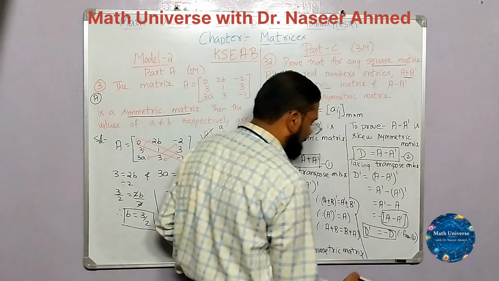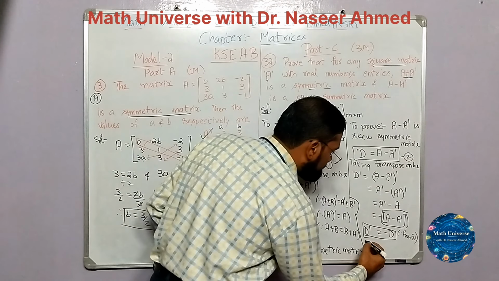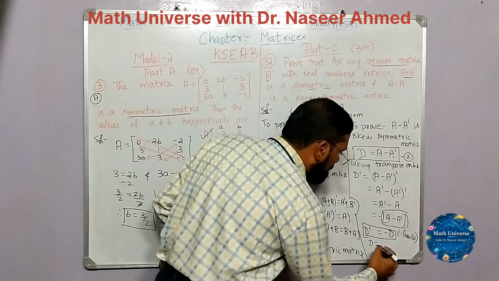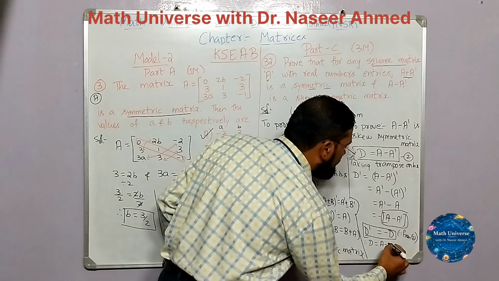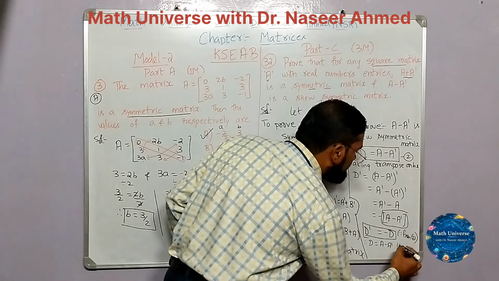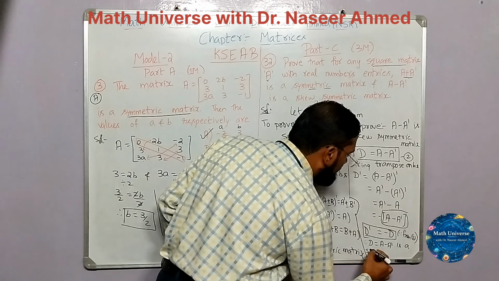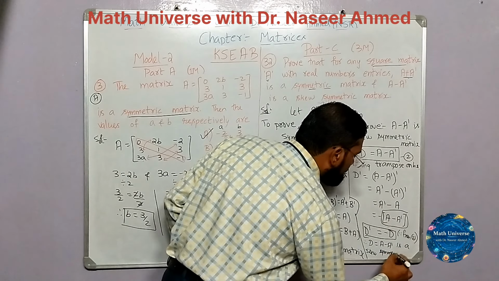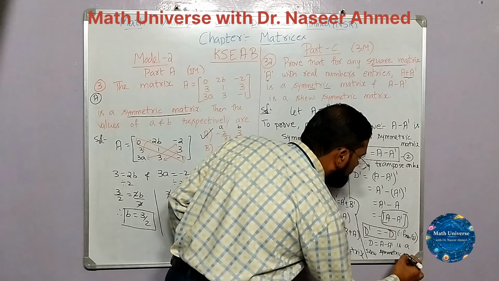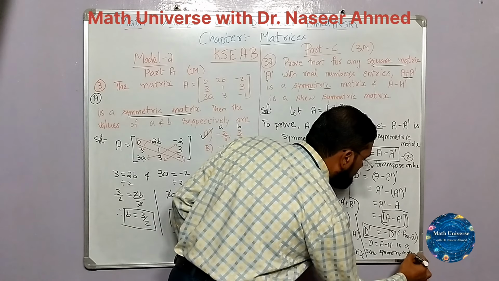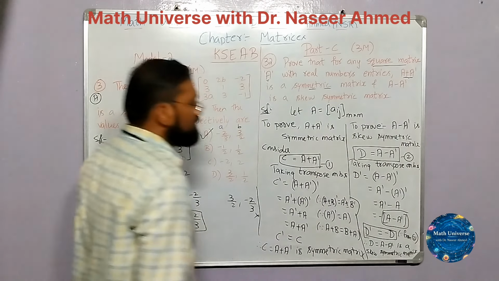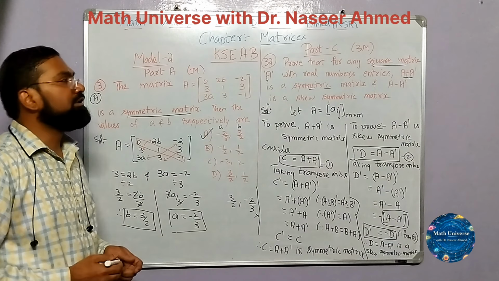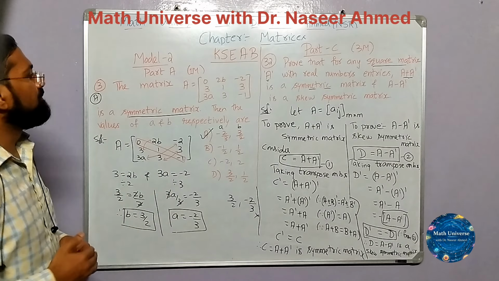Now I can conclude that therefore D is equal to A minus A transpose is a skew symmetric matrix. So with this we have completed this problem.